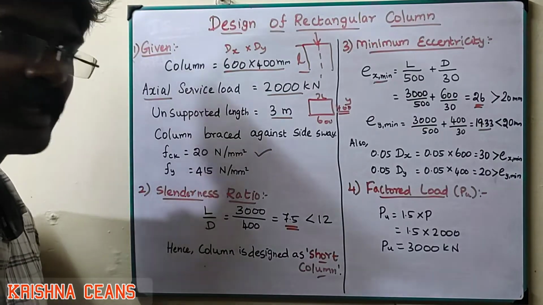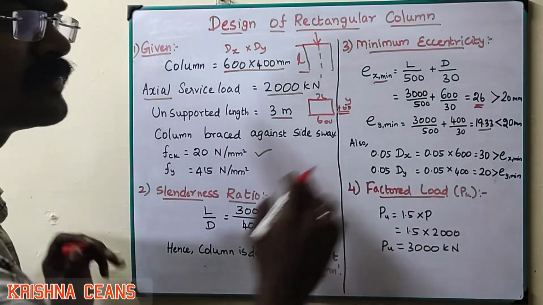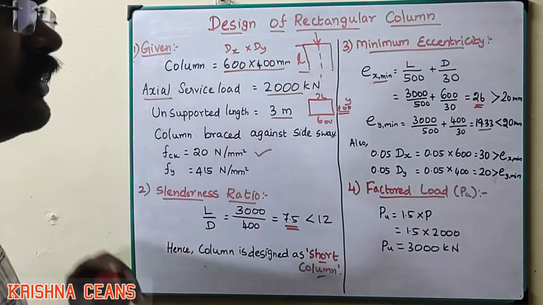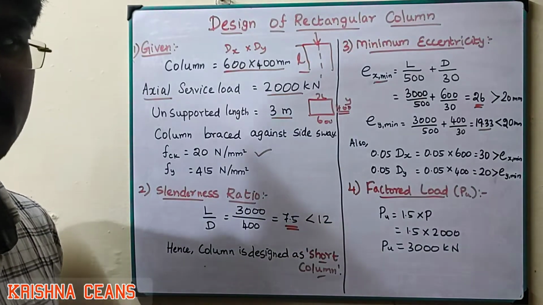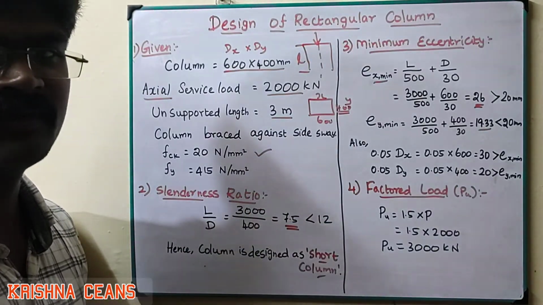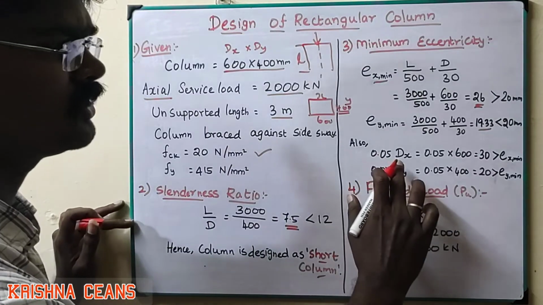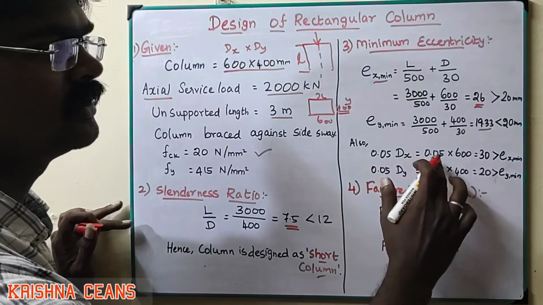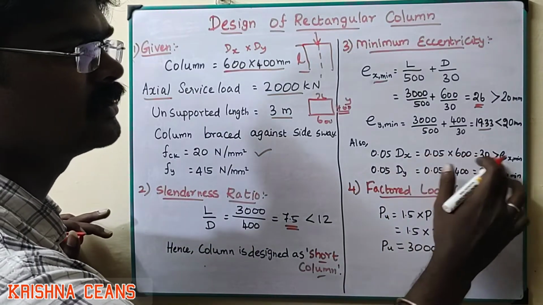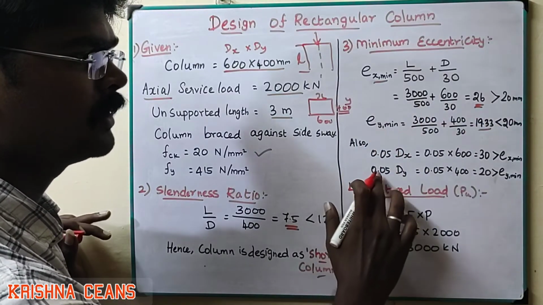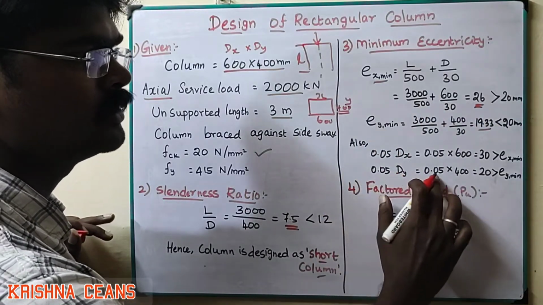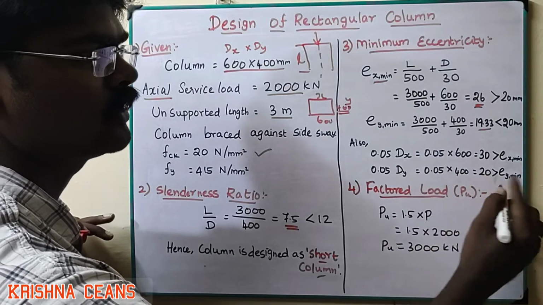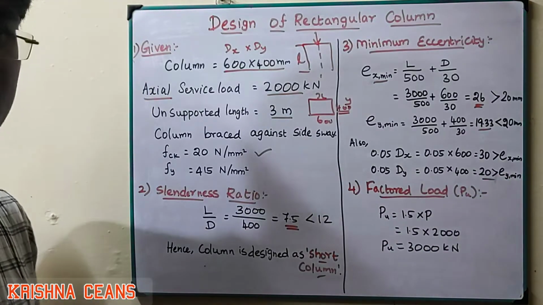And also we have to check 0.05 times D. If it is greater than e minimum, we can go for the formula. So 0.05 times dx means 0.05 into 600, which is greater than ex minimum. 0.05 of dy, 0.05 into 400, is 20, which is almost equal to 20 mm.